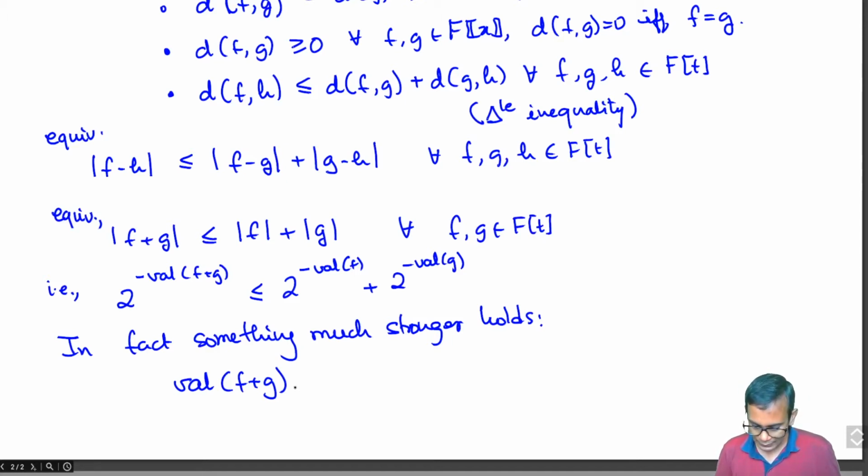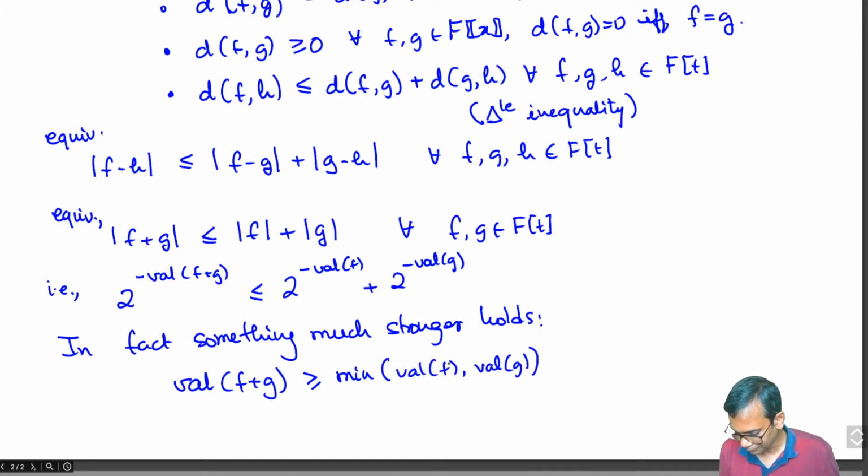So what we're saying is that the valuation of f plus g is going to be at least the minimum of the valuation of f and the valuation of g. Okay, it could be that it's actually strictly greater. For example, if f and g have the same valuation, but then their leading terms cancel out.